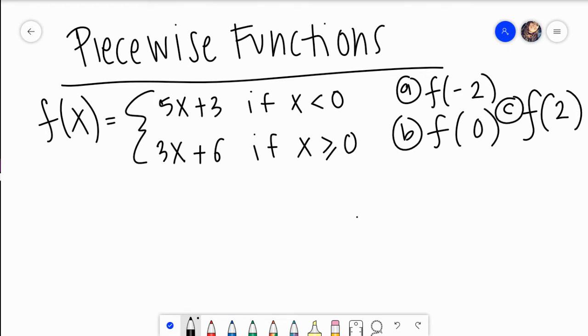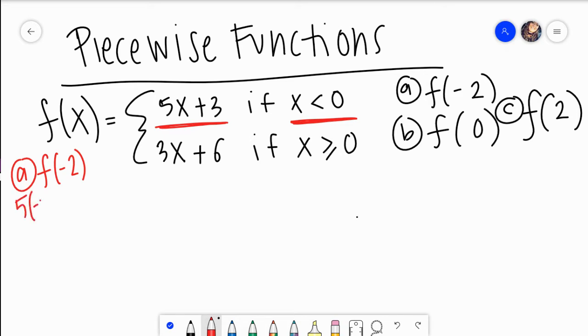So if we find a, which is f of -2, first I need to look at my conditions, and I notice that -2 is less than 0, so it would be right here, which means you use this function. Okay, so what I do is I plug -2 into that function.